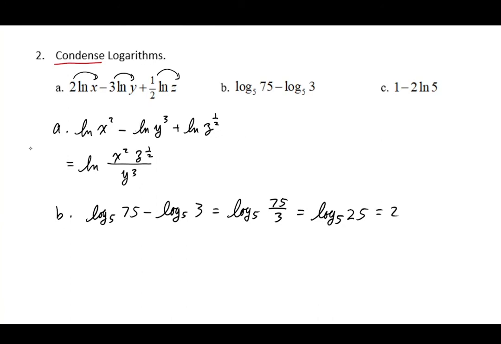Okay, now C. 1 minus 2 ln 5. Well, you get this much: 1 minus ln 5 squared. But what is this 1? What do we do? Right? Could that be some kind of log?